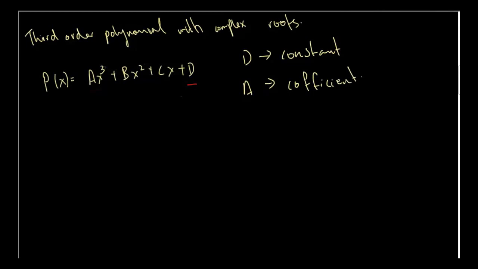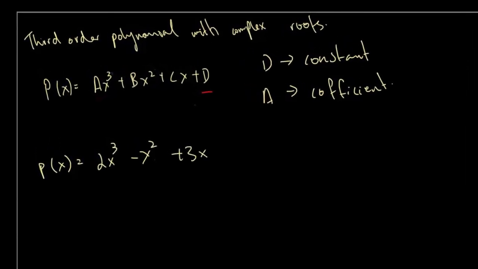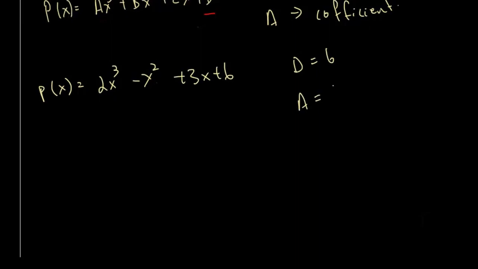Let me demonstrate that using an example. If I have P(x) equals 2x cubed minus x squared plus 3x plus 6, then d is equal to 6 and a is equal to 2.